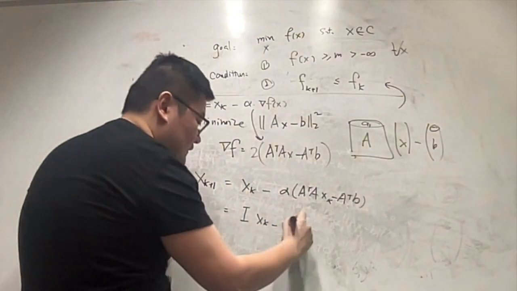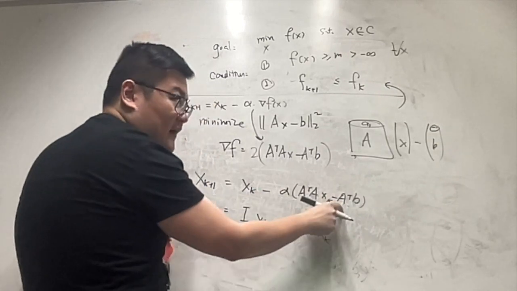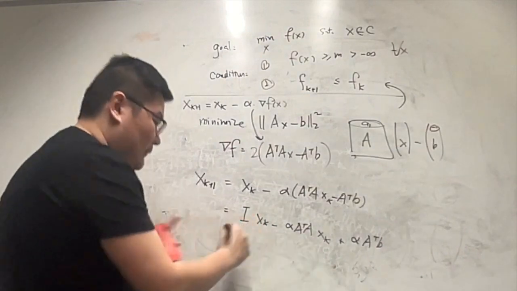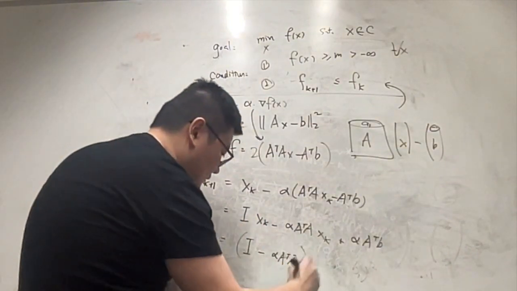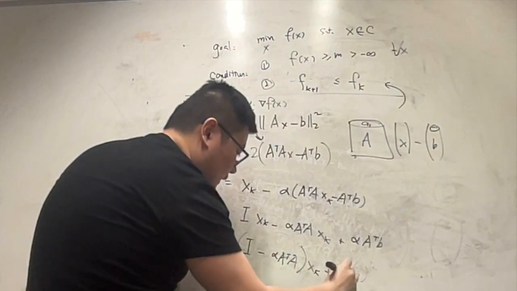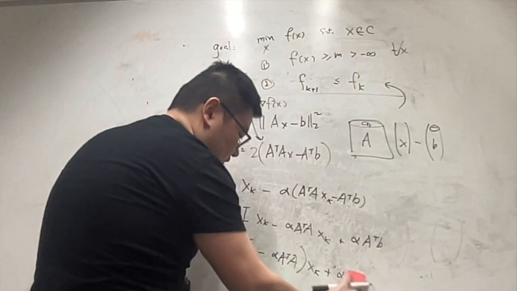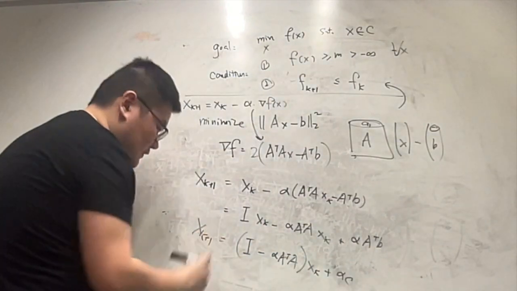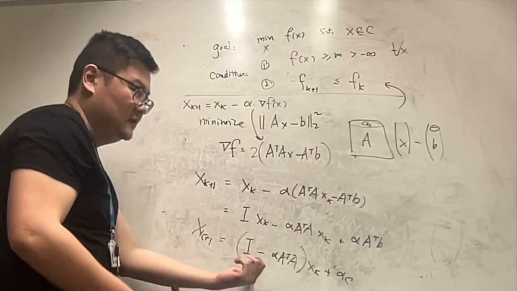This thing is alpha A transpose A xk, right? Minus and minus give you positive. These two I can combine, so I have (I minus alpha A transpose A) times x plus alpha A transpose b. A and b are given, so they are constants, so I just write it as alpha c, x_{k+1}. If alpha is a constant, then this thing is just a constant matrix.